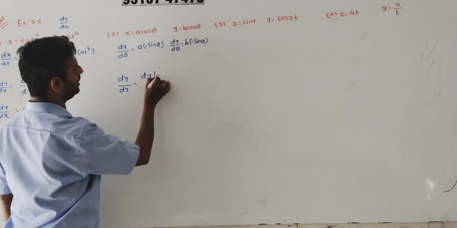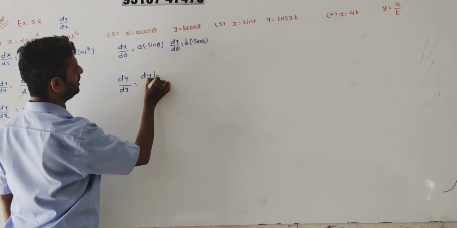Now our fifth example is like this: x is equal to cos theta minus cos 2 theta, and y is equal to sin theta minus sin 2 theta. So first again we are going to find dx by d theta is equal to the derivative of cos theta, which is minus sin theta, minus the derivative of cos 2 theta, which is minus sin 2 theta, and the derivative of 2 theta is 2.